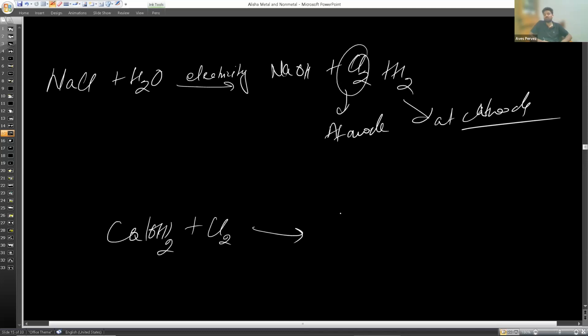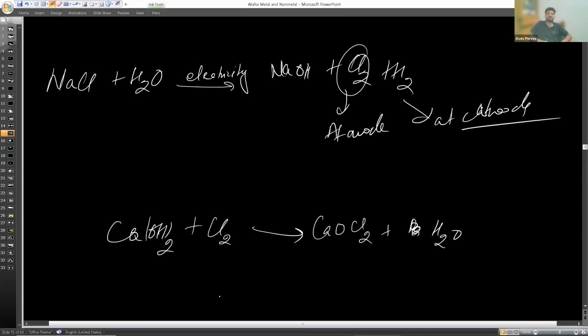Then it will give you... what is the formula of bleaching powder? Yes, Alvina, can you tell me the formula for bleaching powder? Calcium hydrochloride, CaOCl2. This is hydrochloride? Where is the H? Calcium oxychloride, or calcium hypochlorite, not hydro. Hypo. Okay, plus water.